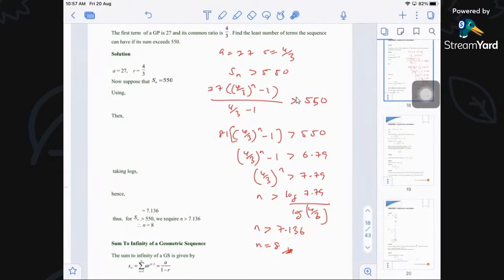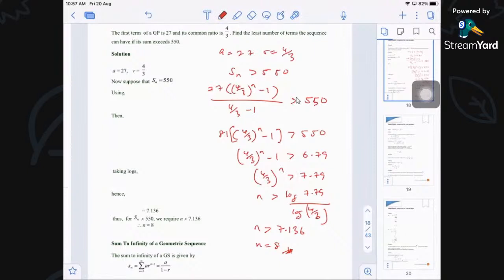Okay, now that said, I just want to let you all know, if let's say this was less than 1, then the formula will become 1 minus 4 over 3 to the power of n. Yes or no? Okay, less than 1 means it will become 1 minus r. And if it's less than 1 here, when you divide, you also have to change the sign.